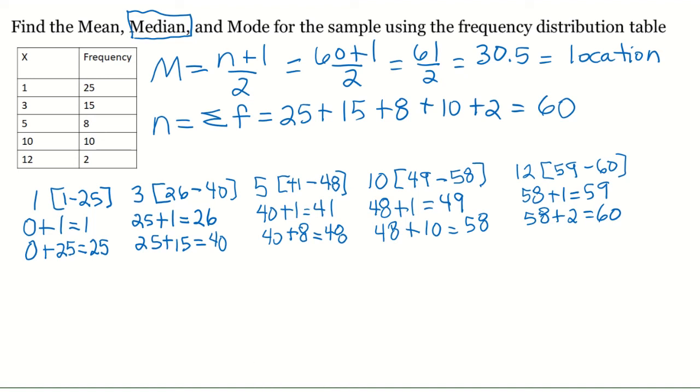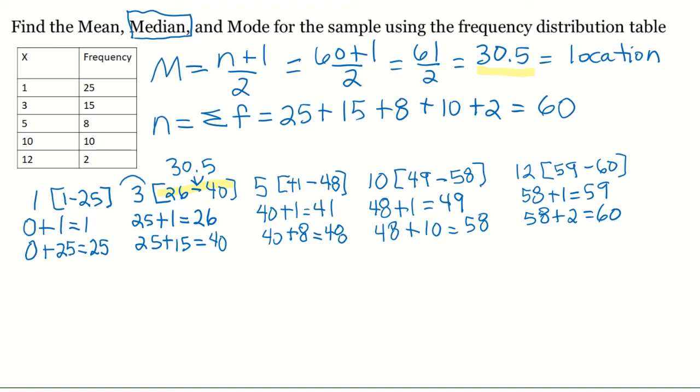So now the next thing I want to do is I am looking for a location of 30.5. So I'm going to look in each of these and say, where is 30.5 likely to be? And I can see it's going to be right there. The position of 30.5 is going to be somewhere in there between 26 and 40.